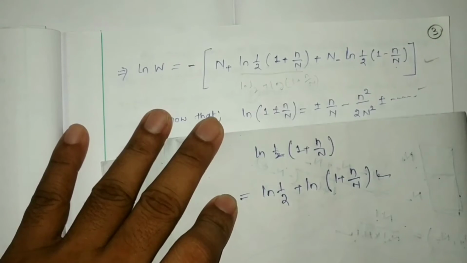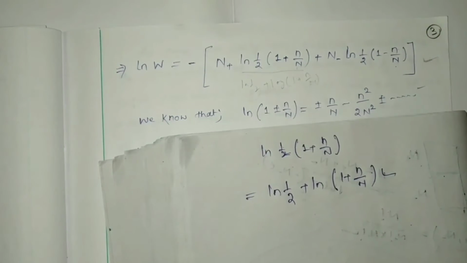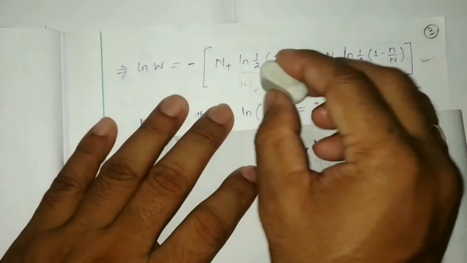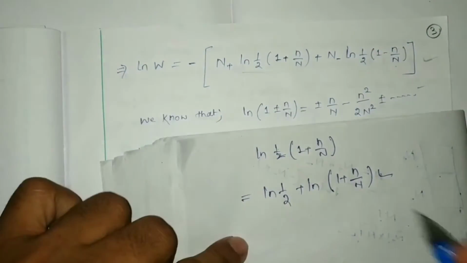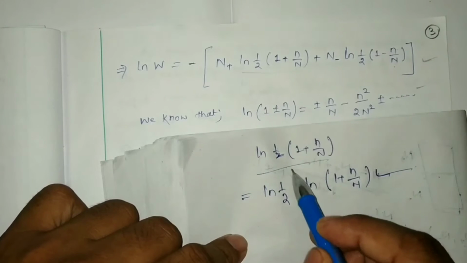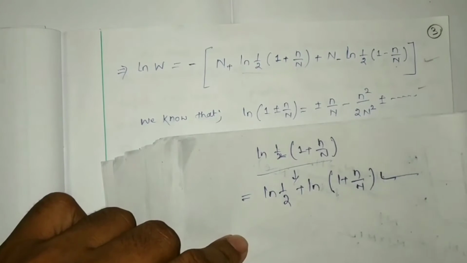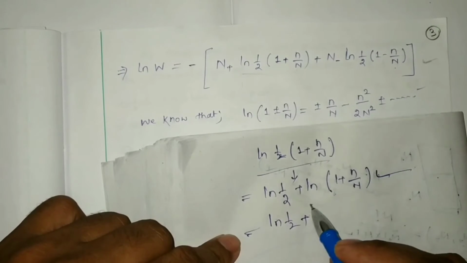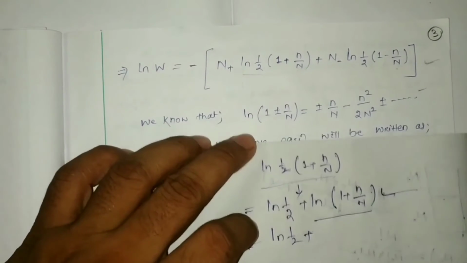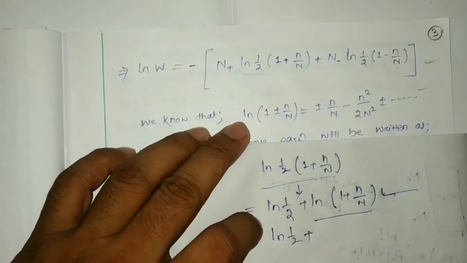Okay, here I wrote it with the pencil, but it could not be visible. You just follow this one. This can be written this way, right? So then this will be ln half plus ln(1 plus n by N). 1 plus n by N will be how much?